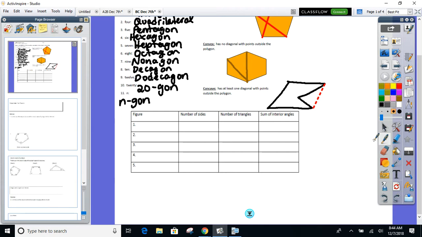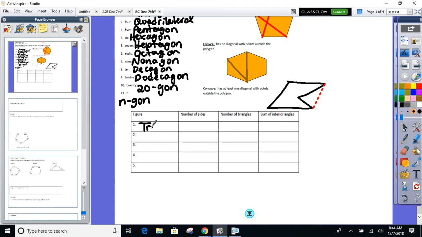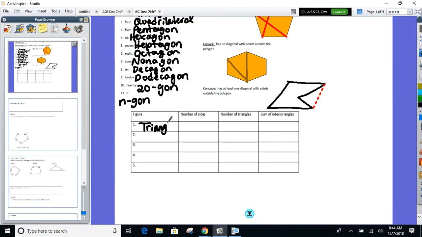So here's your job in your group. You're going to take the following 5 figures: triangle, quadrilateral, pentagon, hexagon, and octagon.